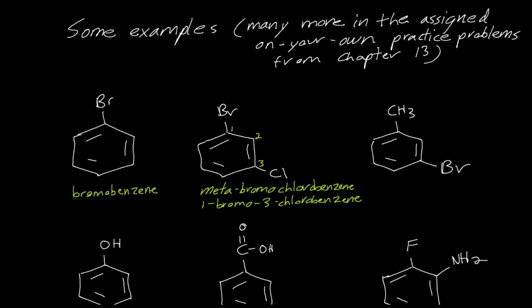Here's where what we learned just above applies. So right here you see toluene, and then there's a bromine on it. So it's meta-bromotoluene.